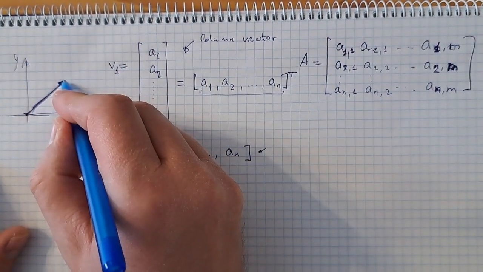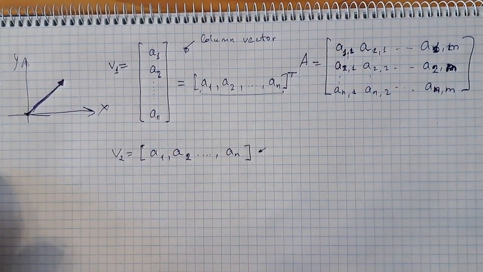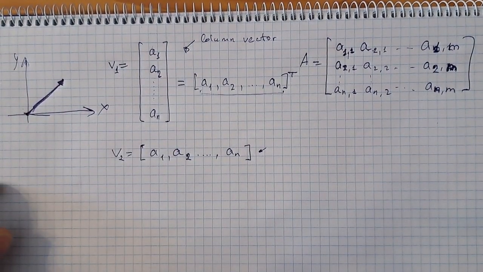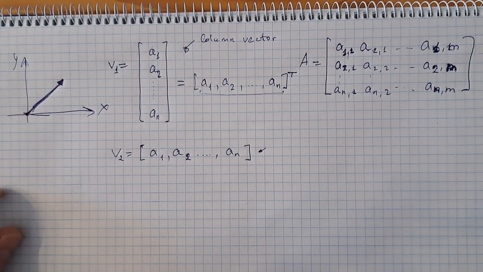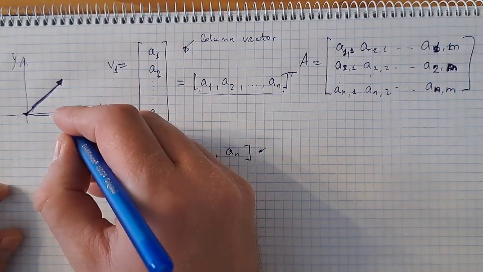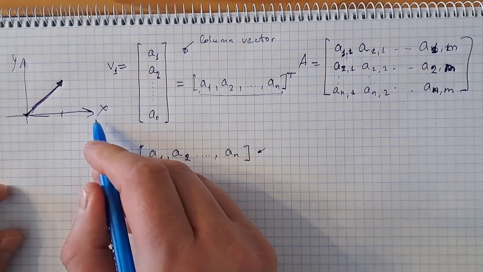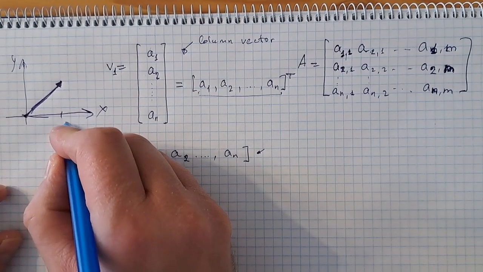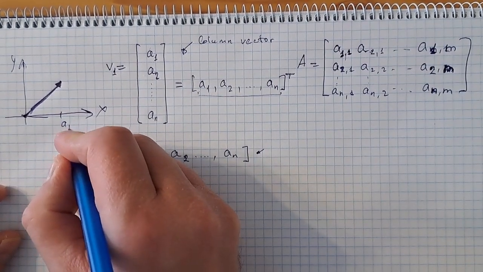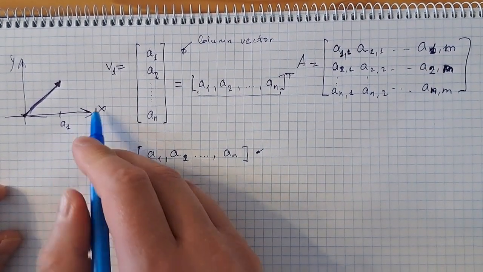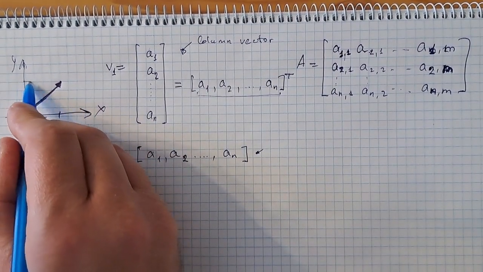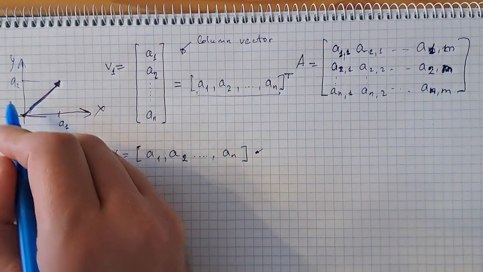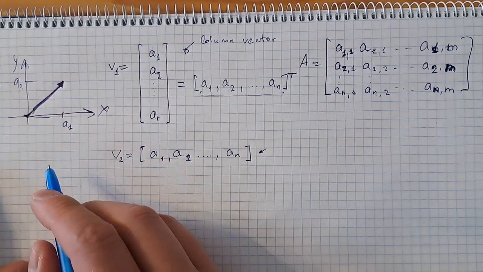And a vector is defined by numbers that we can put on the Cartesian plane. For example, a1 on the x coordinate and a2 on the y coordinate.